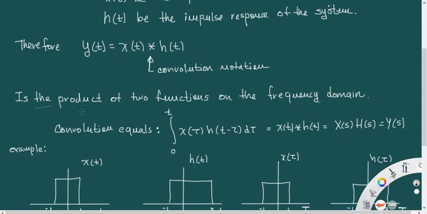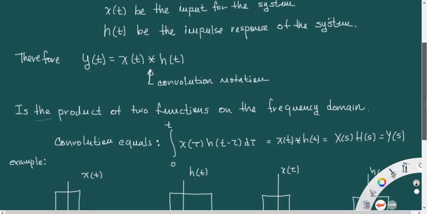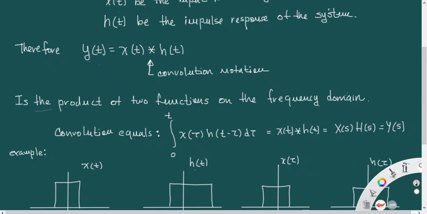Another definition is that it is the product of two functions in the frequency domain. You can have a couple of functions transformed from the time domain to the frequency domain, and if you calculate the product of them, you will have something very similar to the convolution of those functions.